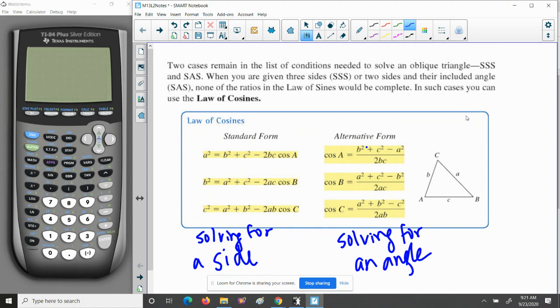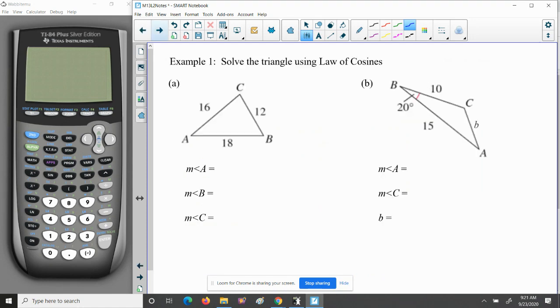Let's go through an example using this to see what we're talking about. For this first example, solve the triangle using law of cosines. Notice that we are given all three sides.